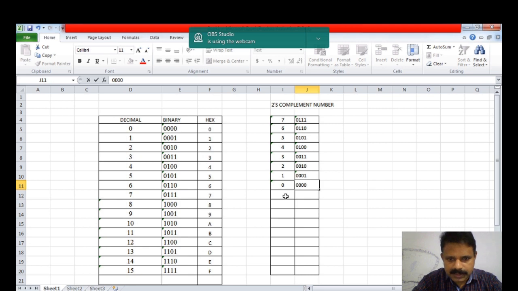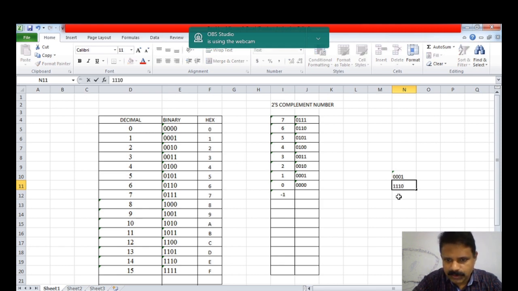And the negative numbers. What is minus 1? Representation of minus 1 is the two's complement of the representation of positive 1. That is, positive 1 is 0001. Its one's complement is 1110.